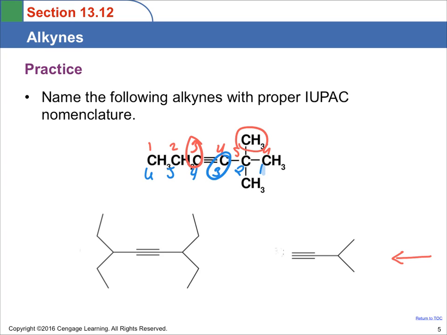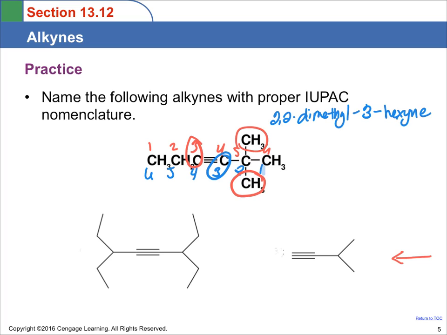So the 2 groups we have are these 2 methyl groups. Red puts them on number 5, blue puts them on number 2. So we're going to go with our blue numbers again. So this time we have 2,2 dimethyl. Triple bond is on number 3. 6 carbons is hex. And then the ending is YNE.